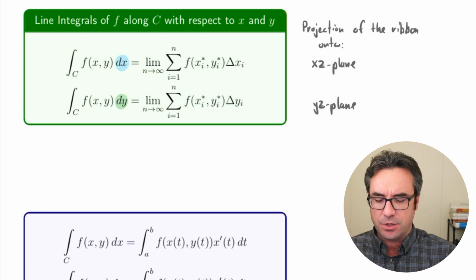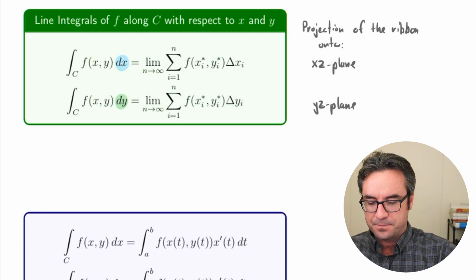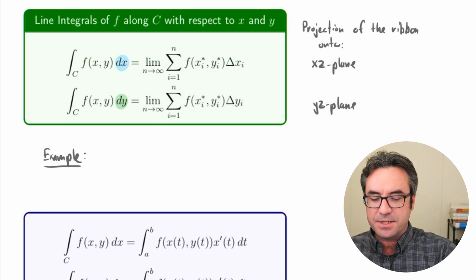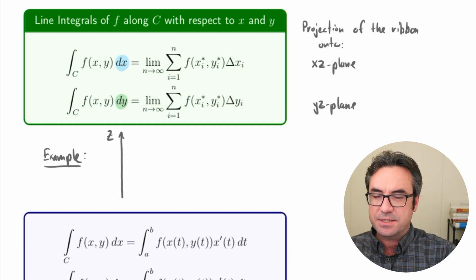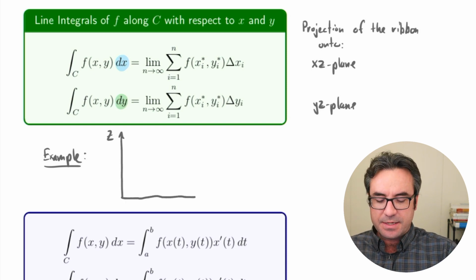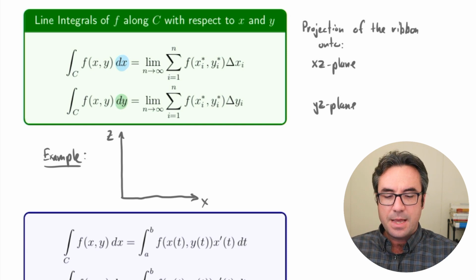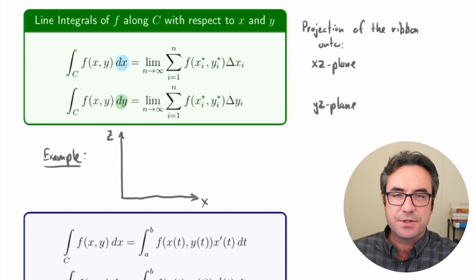All right, so how does this look? What is an example of how this would look? Well, let's consider the case of with respect to x. So we're going to have our z-axis pointing up, and then the x-axis will be flat. And let's suppose that, again, we're going to squish down this ribbon.